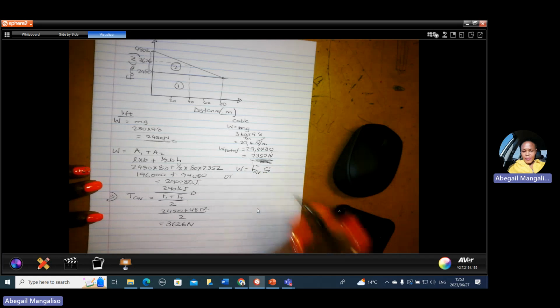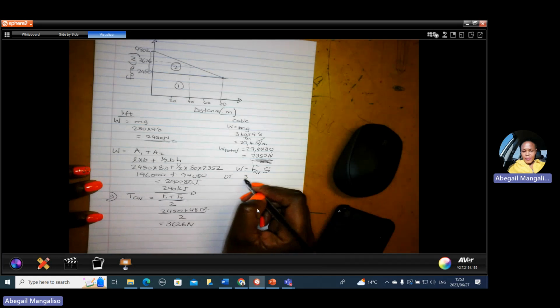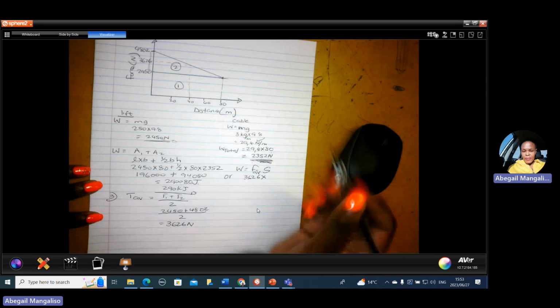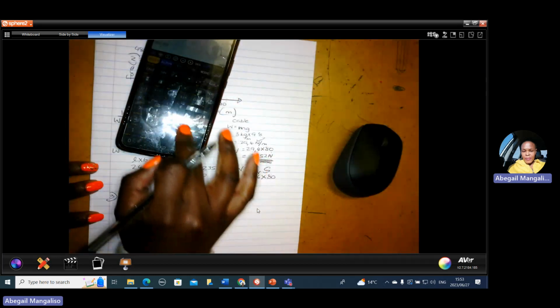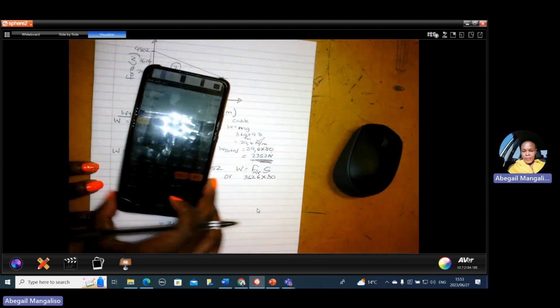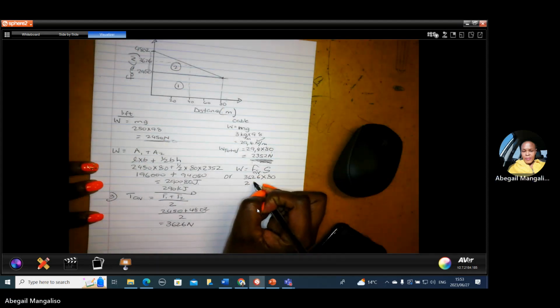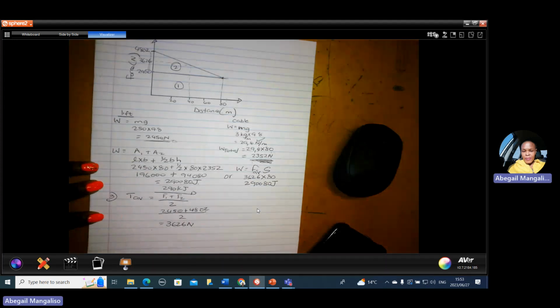This force is the average force or the average tension, so it is 3626 multiplied by the distance, 80. Use your calculator and you get the same answer, 290080 joules, or you can put it in kilojoules.